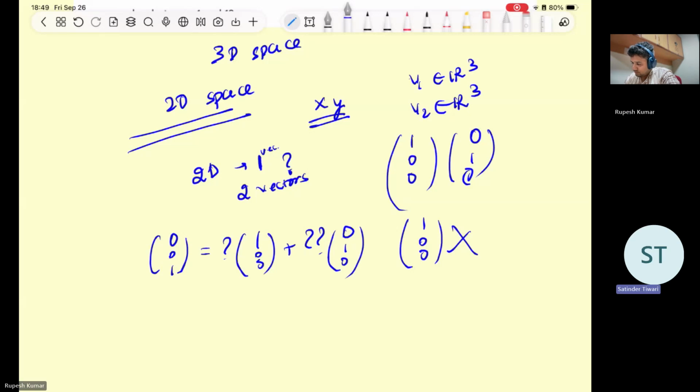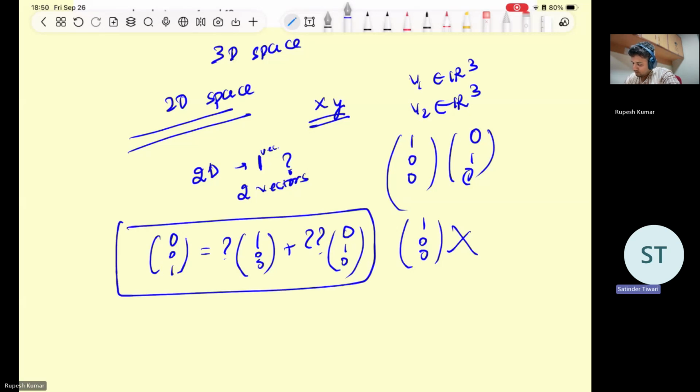I was just thinking that any two vectors will do, but that is possible in the 2D case only. If we are taking two linearly independent vectors, we can reach any vector in the two dimensional space only, not in three dimensions.